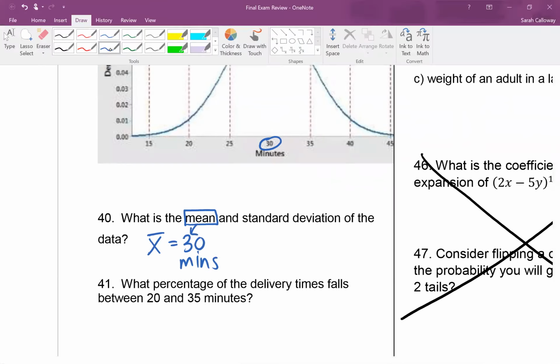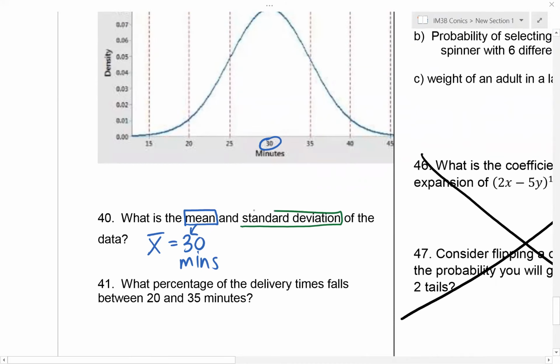Standard deviation, remember, is the spread. So it's how spread out the values are. So standard deviation for this is how much I have to add or subtract to go either direction. And that's 5. So I'm adding 5 or I'm subtracting 5, depending on where I'm going. So my standard deviation is 5 units, okay, minutes.